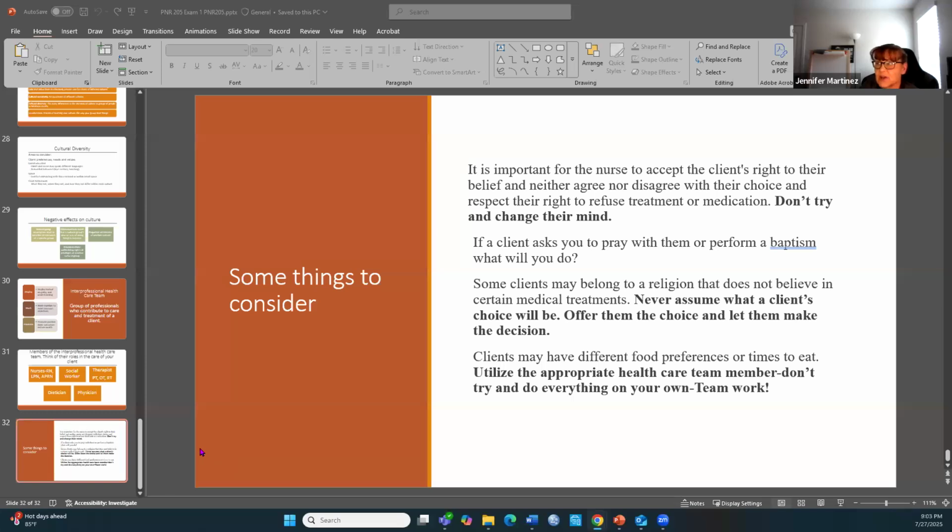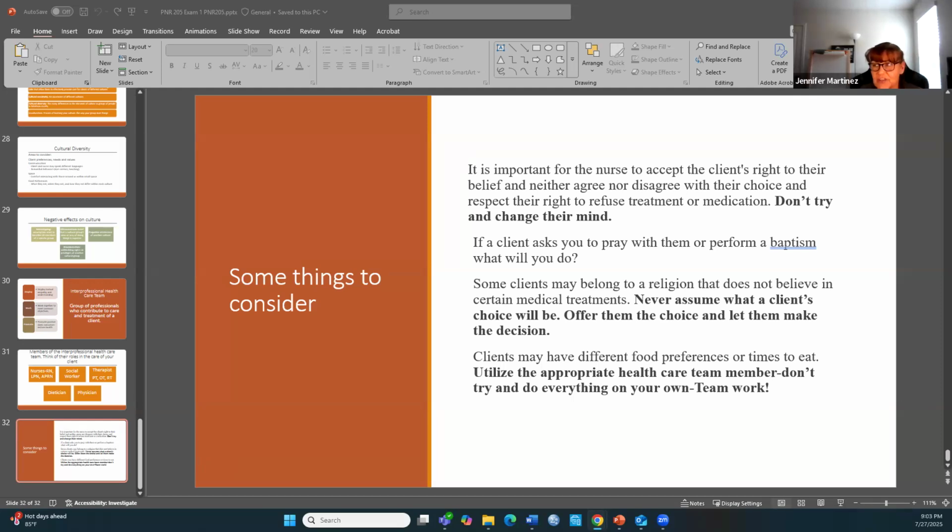All right, and so other things to consider. The nurse must accept the client's right to their belief and neither agree nor disagree with their choice, and respect the right to refuse treatment or medication. We do not try to change their mind. We do provide education as to why they should not refuse a specific medication or treatment, right?